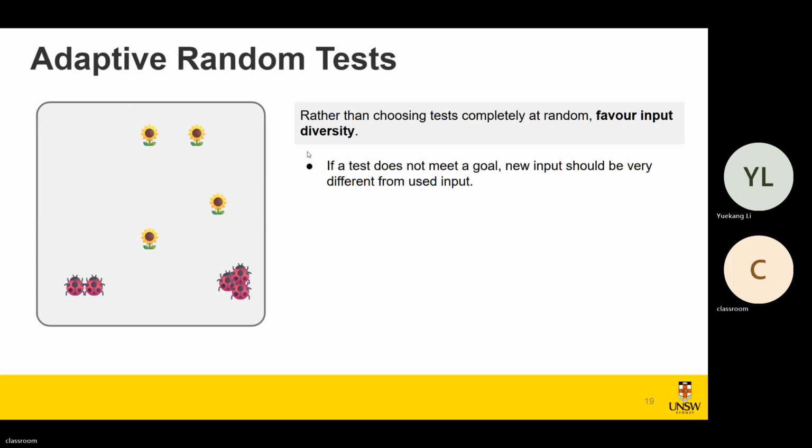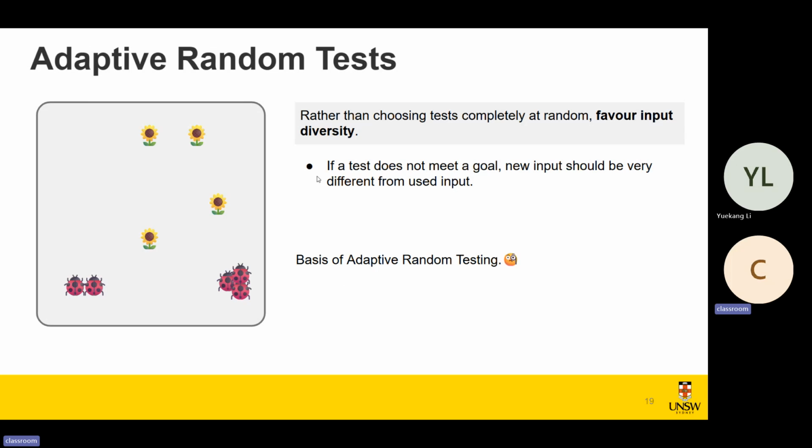So the strategy here is, if a test case does not meet a goal, then when we generate the next test case or the new input, we should try a very different input from the previous ones we have tried. So we can promote diversity here.